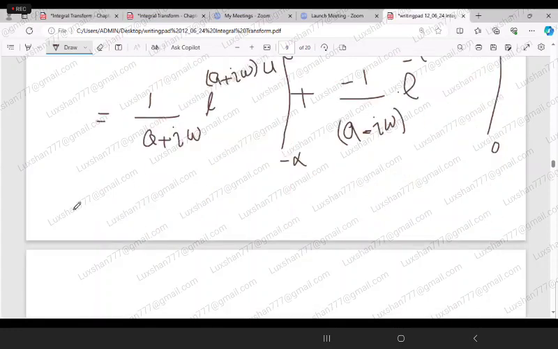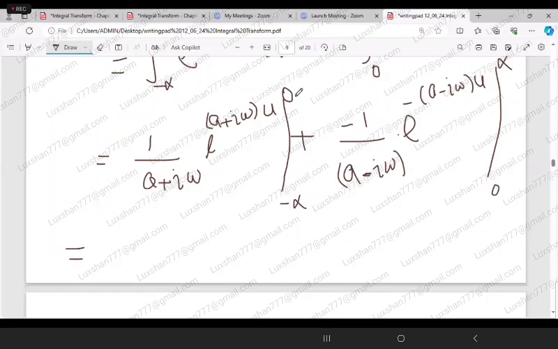So if I substitute, when I substitute 0, I will get 1 over a plus i omega. Minus, when I substitute minus infinity, this part becomes 0, isn't it? E to the power minus infinity becomes 0.